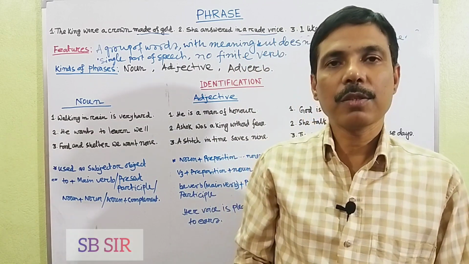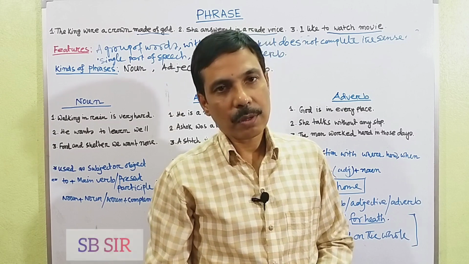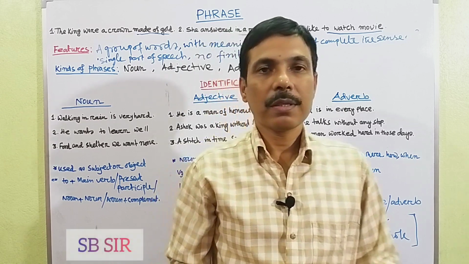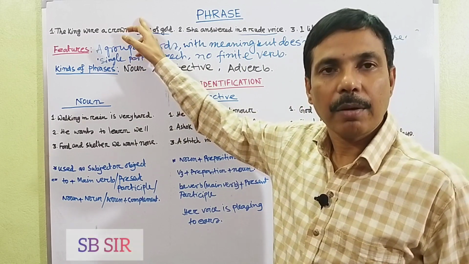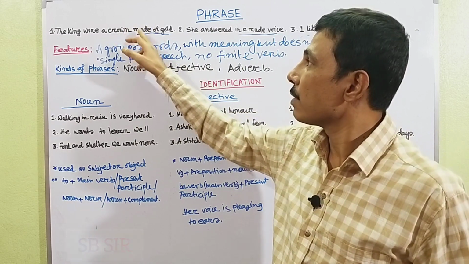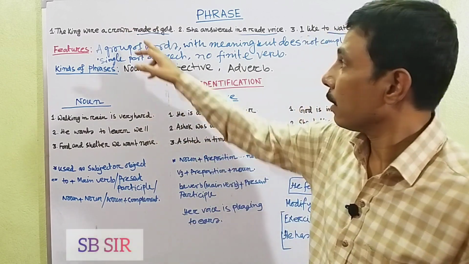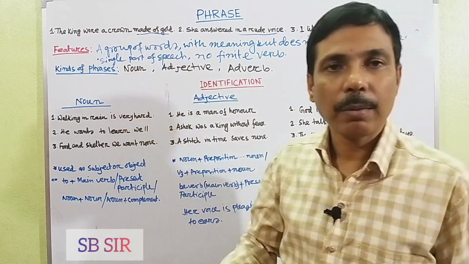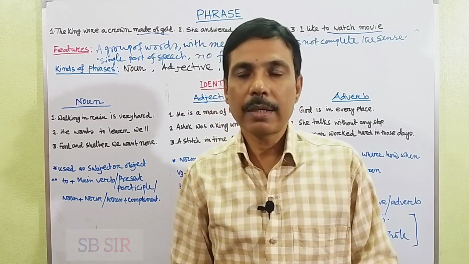Its opposite is non-finite verb that does not complete the sense of a sentence. So there is no finite verb. But here made is an example of verb, but it is not used as verb. It is rather an adjective. If I say made of gold, it does not express the complete sense. So it is not the finite verb.